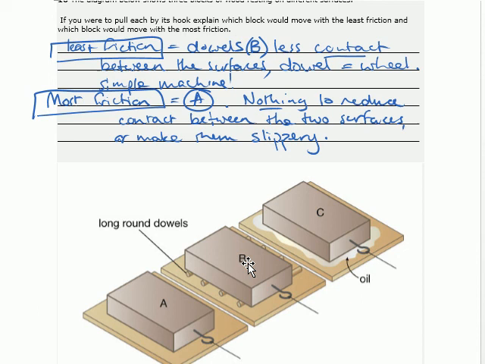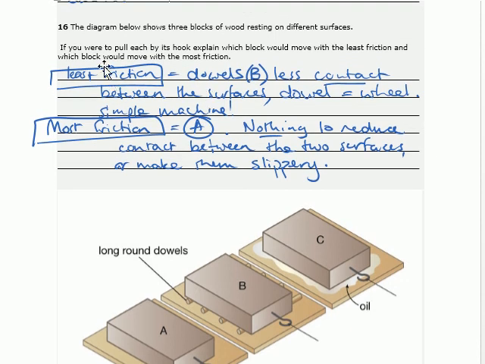With this one, because we're rolling, we're reducing friction pretty much as we can. This is how bearings work, this is how wheels work. With this one, the oil might help a bit, but it's not going to be anywhere near as good as wheels because you still have a lot of contact between those two surfaces. And depending on how thick or thin the oil is, it might not really help very much at all.